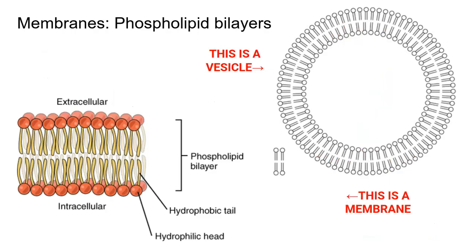Now, membranes are two layers of phospholipids, and that's why we call them phospholipid bilayers. Okay? If you take a close look at the membrane, the extracellular means outside the cell, and intracellular means within the cell, inside the cell.